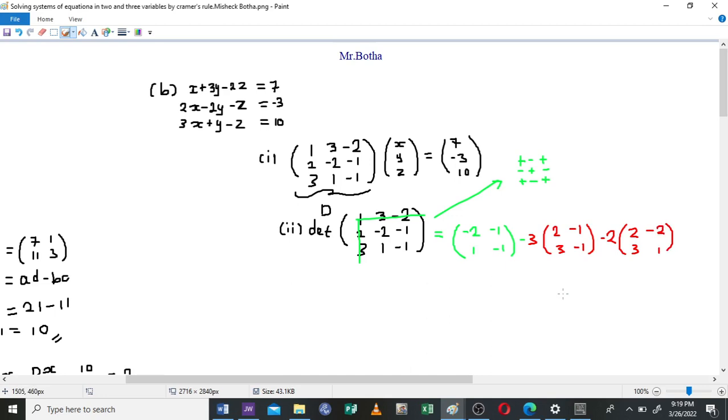Okay, now if you solve this using what we are doing in a 2 by 2 matrix, finding the determinant, you are going to find that the first one here, you are going to have 2, right, minus, open your bracket, minus 1, right? Now this you close, then you're going to have -3.